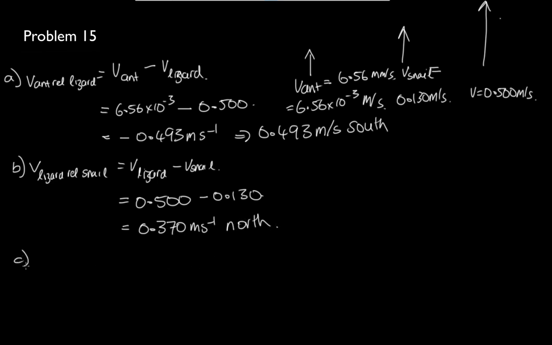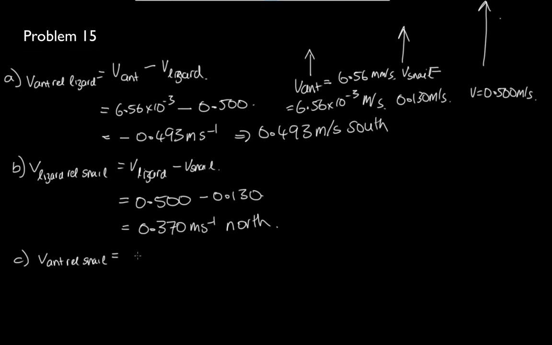And then finally, part C. We're asked, what is the velocity of the ant relative to the snail? So the velocity of the ant relative to the snail. While if we were the snail, it looks like the lizard is getting further and further ahead, it would look like the ant was getting further and further behind.